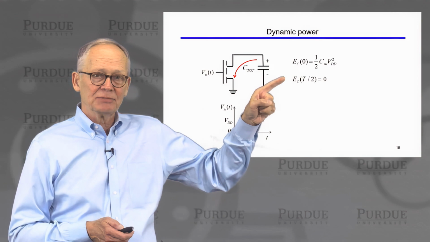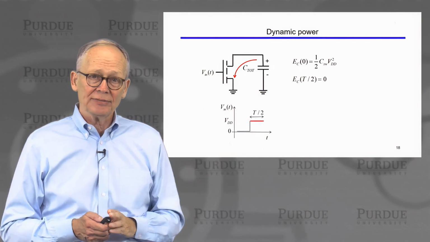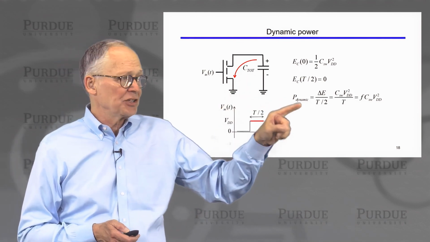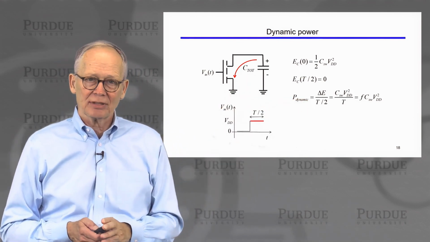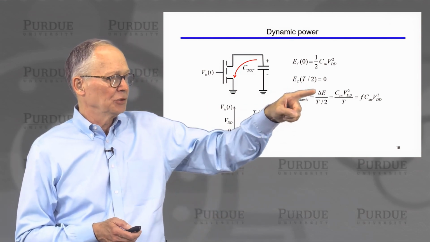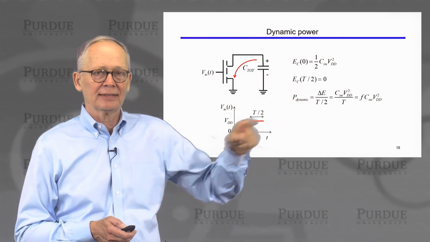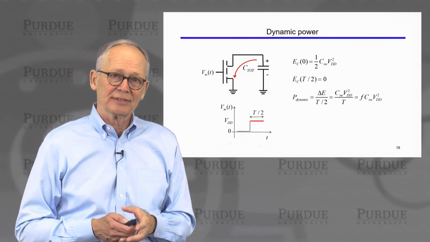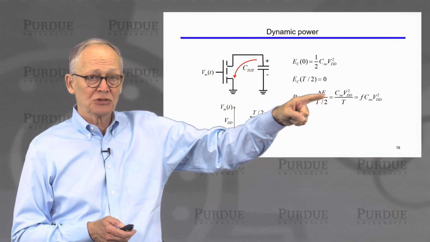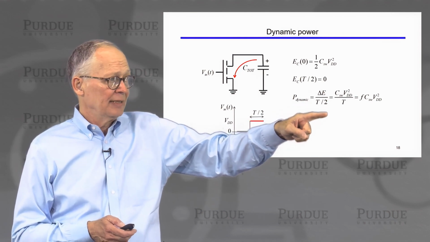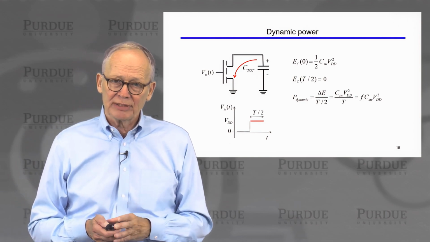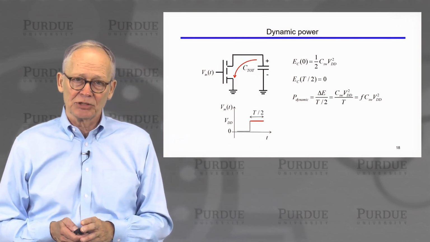At the end of this transient, there will be no energy left. All of that energy has been dissipated. Power is the energy dissipated divided by the time it took to dissipate it. Power is joules per second, joules of energy stored, over the seconds it took to discharge the capacitor. We just put in the 1/2 CV squared energy stored, the half period T/2, and we find that the power is frequency times capacitance times voltage squared.